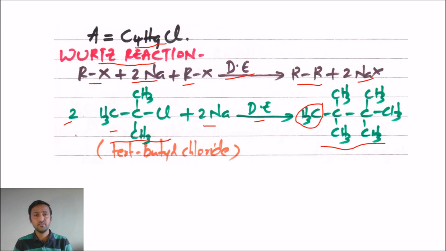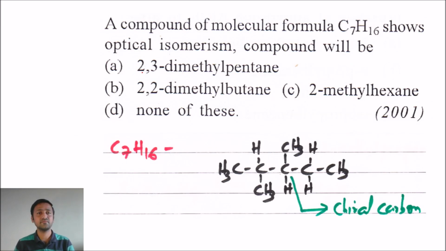Okay, let's go to the second question now. A compound of molecular formula C7H16 shows optical isomerism. The compound will be... This is a question based on optical isomerism, and we already know the condition for optical isomerism.